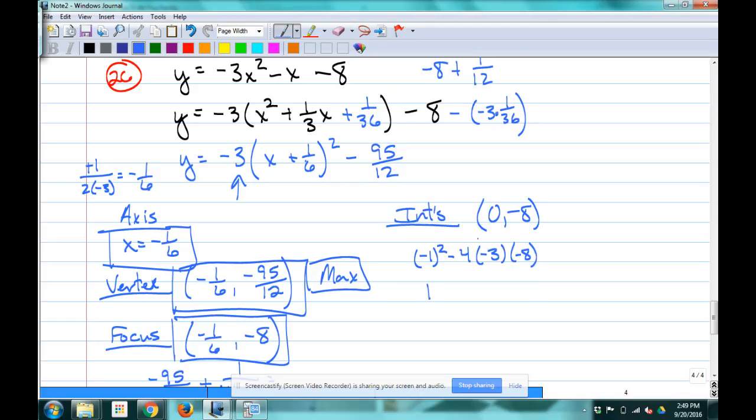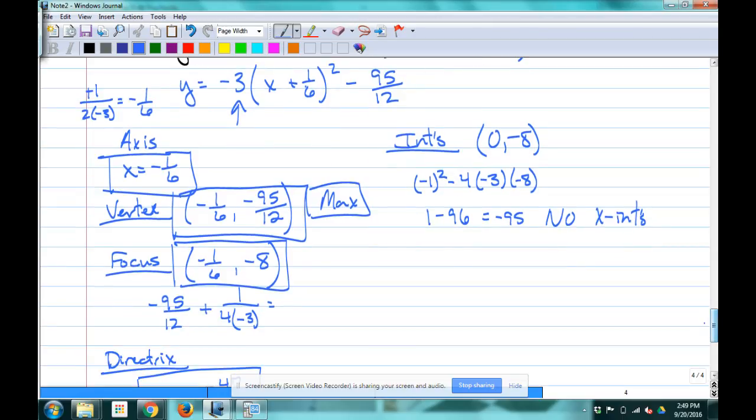That's 1 minus 96. Negative 95. So what's that tell us about x-intercepts? None. No x-intercepts. We know this thing is not going to cross the x-axis because it has a negative discriminant. Should already know that from the work that we've done already.